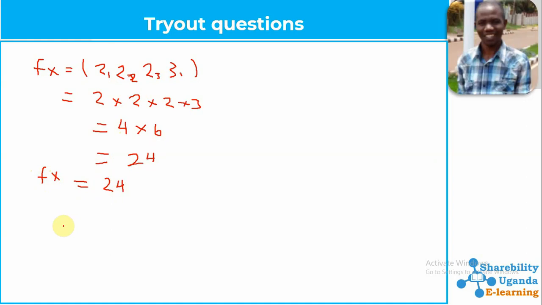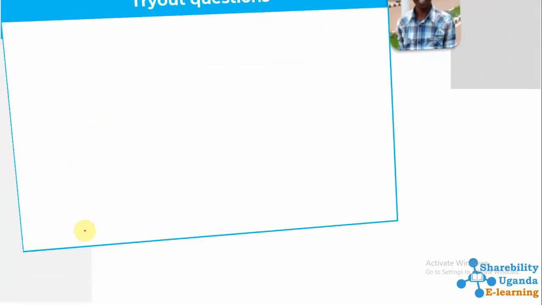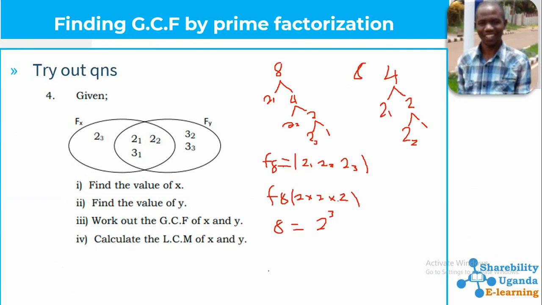Okay, so that's how we can find out the prime factors, especially when they are put in form of unknowns. So let's also find the prime factors of y. Prime factors of y are going to be equal to, let's go back to the set and identify them. We have a 2 1, we have a 2 2, then we have a 3 1, a 3 2, and a 3 3.